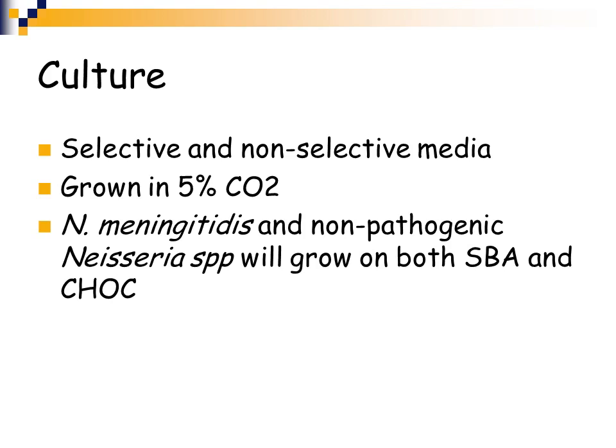Neisseria meningitidis, as well as the non-pathogenic Neisseria species, will grow on your 5% sheep blood agar plates as well as chocolate. Now Neisseria gonorrhoeae, the other pathogenic Neisseria, will not grow on sheep blood agar plates. So there's a difference between the two pathogens: one grows on sheep blood agar and one does not.